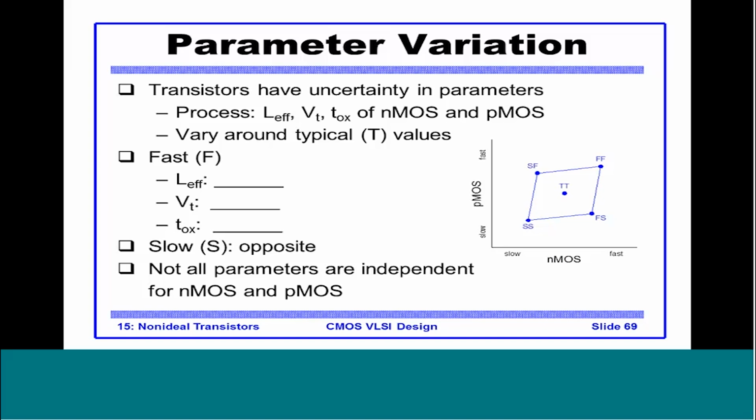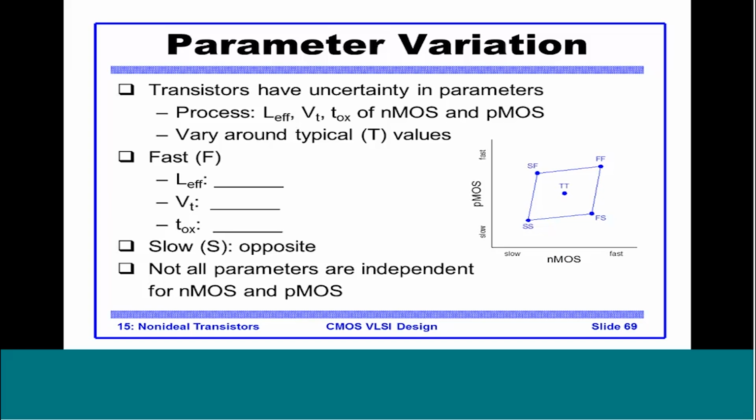Some will have 41, 42, so it will exhibit a Gaussian curve, a normal curve, where the average value will be at 40, but a lot of devices will be larger than 40, and a lot of devices will be smaller than 40. This type of effect is called parameter variation.